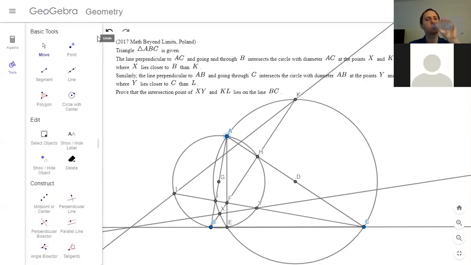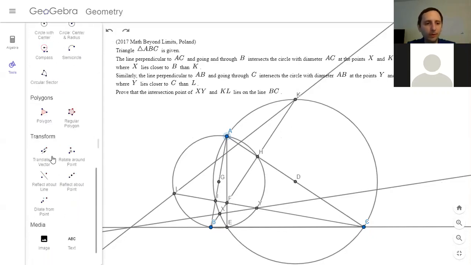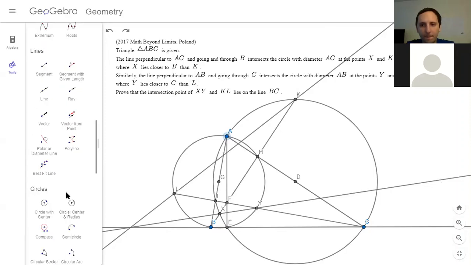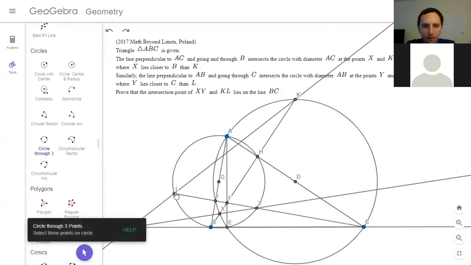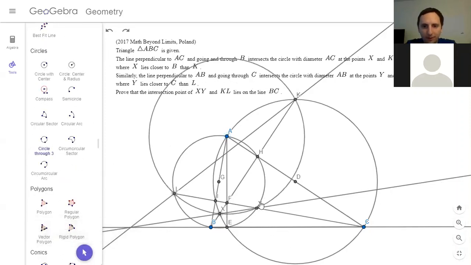I wonder if we could use the radical axis theorem. Looks like it, yep. At least I thought. So it looks like KLXY is cyclic.